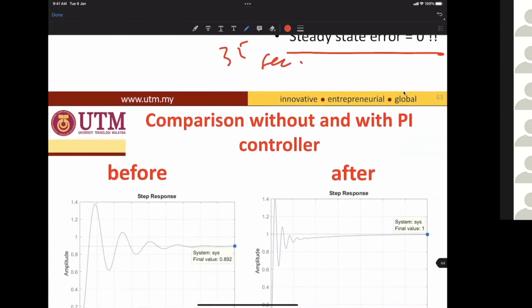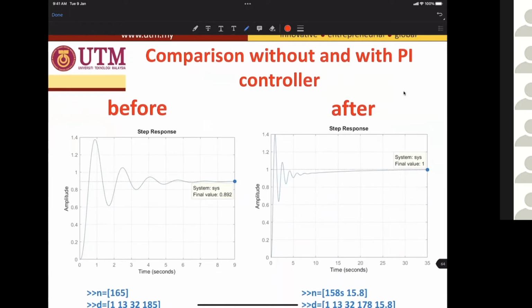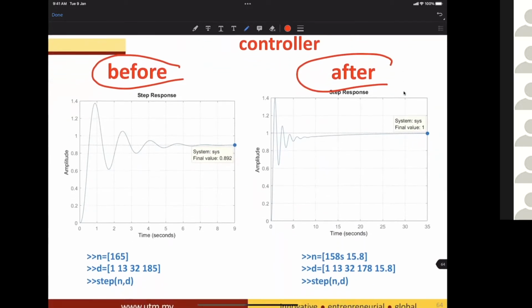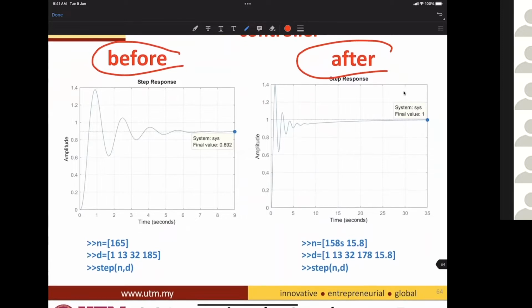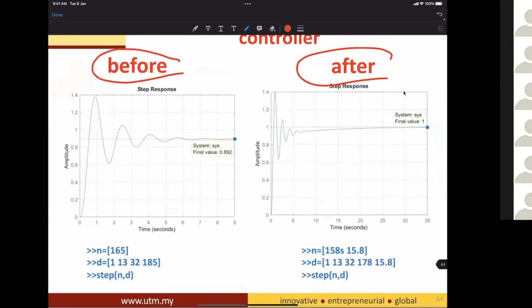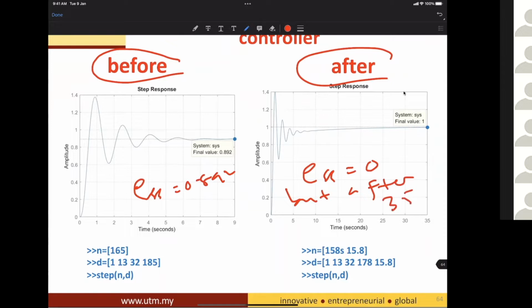So when we compare before and after PI, you can see that what is the observations here? The error here 0.892. The error here is 0, okay, but after 35 seconds.